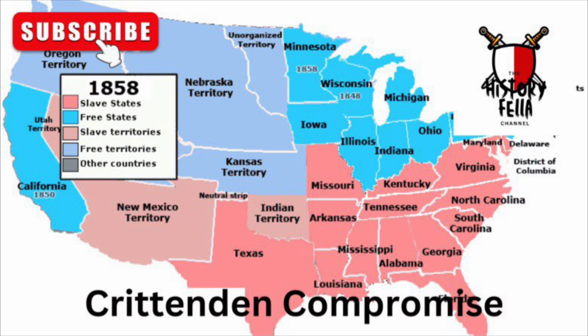The congressional resolutions were: number 1, that fugitive slave laws were constitutional and should be faithfully observed and executed. Number 2, that all state laws that impeded the operation of fugitive slave laws, the so-called personal liberty laws, were unconstitutional and should be repealed.